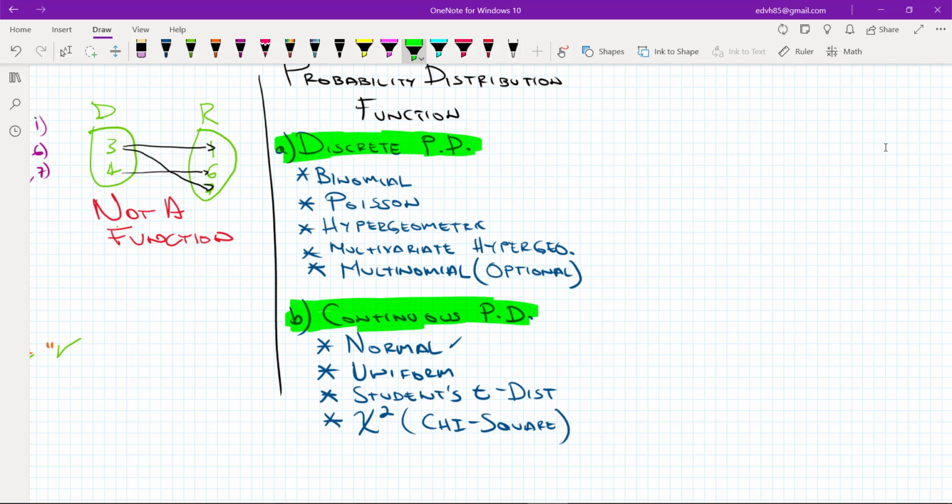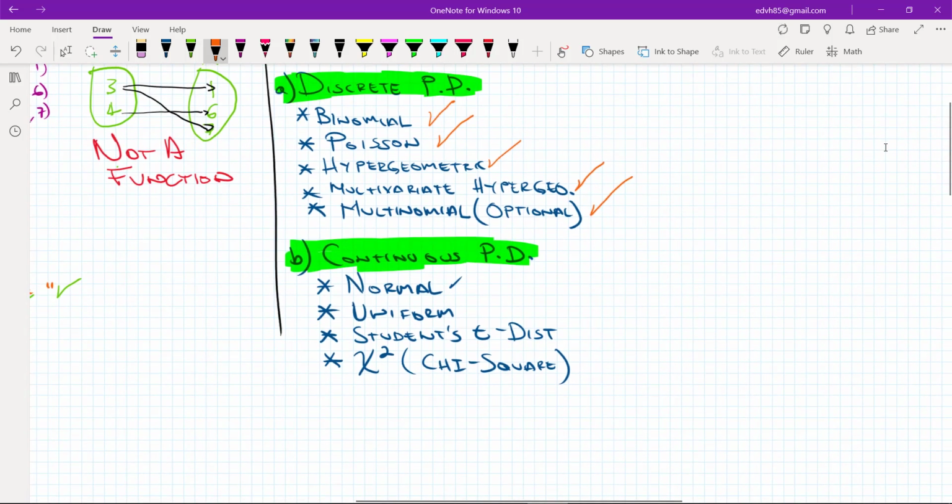These are the ones that we are going to cover this semester, such as the binomial distribution, which is the next section, the Poisson distribution, the multivariate hypergeometric distribution, and the multinomial distribution. We'll figure out this one, maybe we do it, maybe not. Then we're going to have the continuous probability distributions, and the most common one is the normal distribution. We're going to use it a lot.